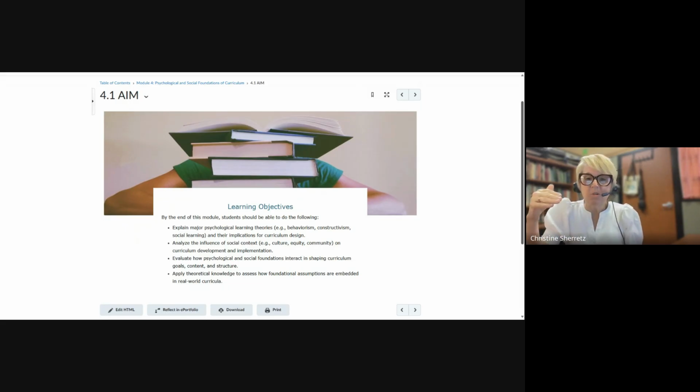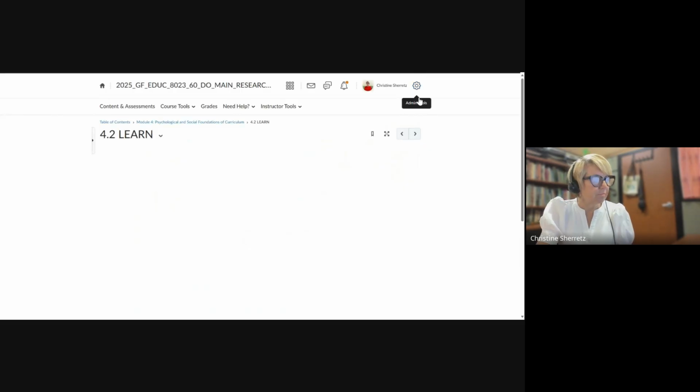All of these social contexts influence curriculum. We want to evaluate psychological and social foundations and how they shape curriculum, and then apply theoretical knowledge to assess how foundational assumptions are embedded in a real-world curriculum. Hopefully when I get through this, it'll help you to understand that a little bit better.